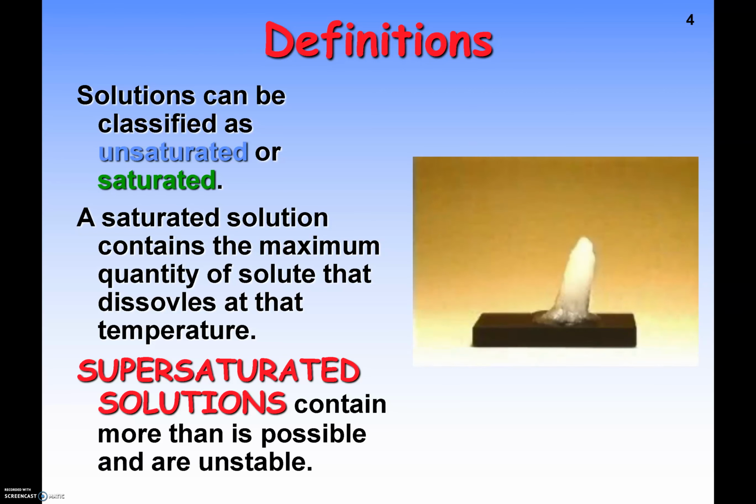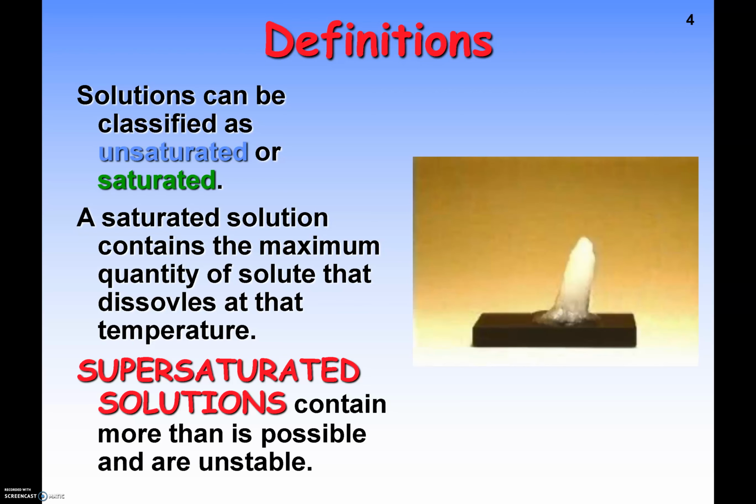So this is an idea of supersaturation. Supersaturation occurs when you're dissolving more than you can possibly dissolve, which seems counterintuitive. How can I dissolve more if it's already at the saturation point? This is usually done by heating it up and doing some other tricks.